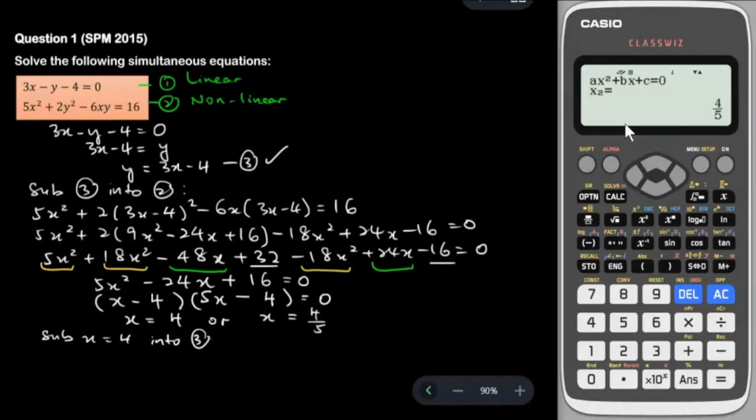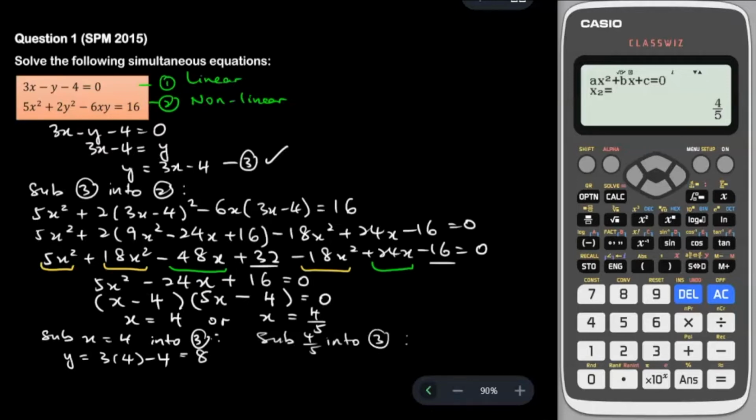When I sub it in, y equals to 3 bracket 4 minus 4, which is 12 minus 4 is 8.